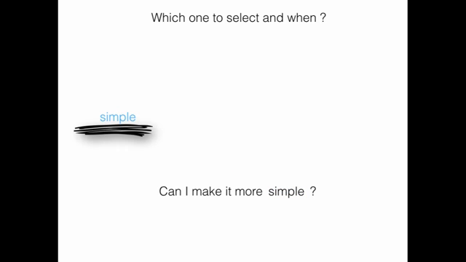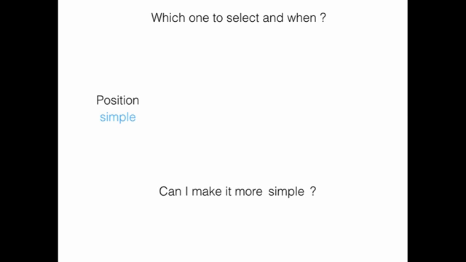Always have this question in mind: why shouldn't I go with some simple visualization? Why should I go with a bubble chart? Why can't I use a bar chart? The simpler your solution is, the easier it will be for your user to work with, and the happier they will be.